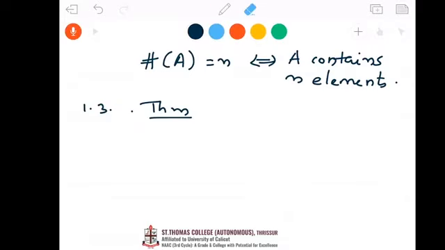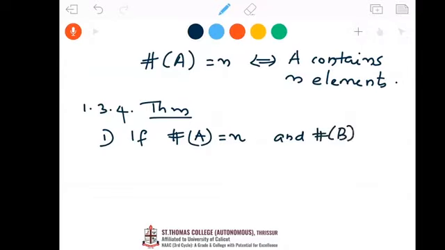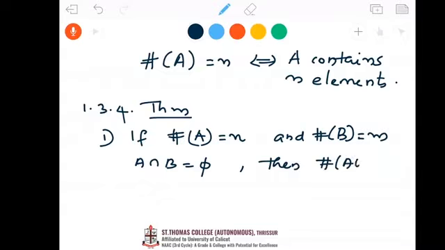This is 1.3.4. The theorem says that if A is a finite set with n elements, and B contains m elements, and A intersection B is equal to the empty set, meaning A and B are two disjoint finite sets, A contains n elements and B contains m elements, then the set A union B contains n plus m elements.